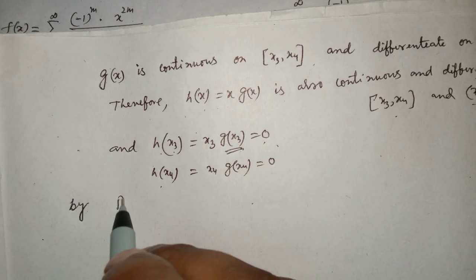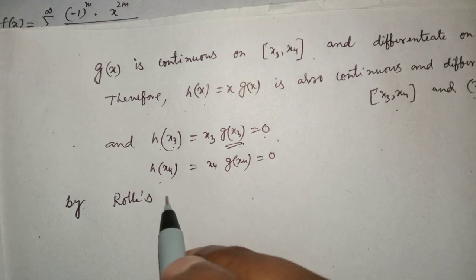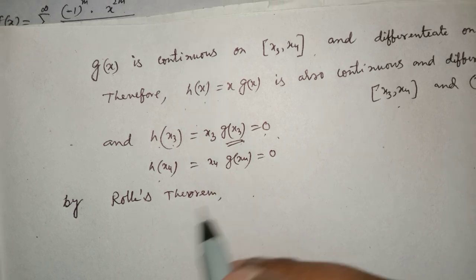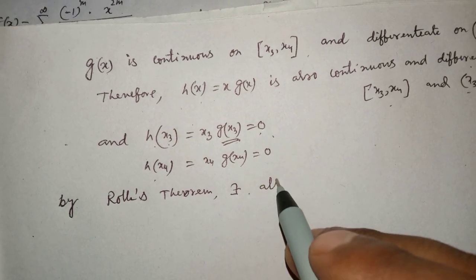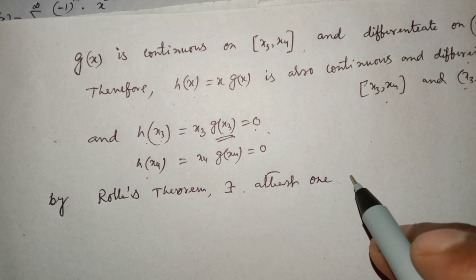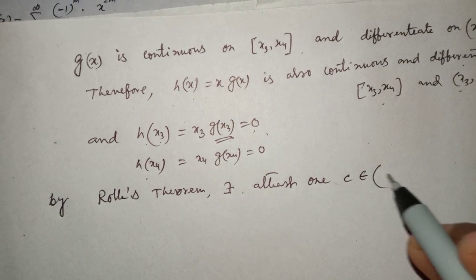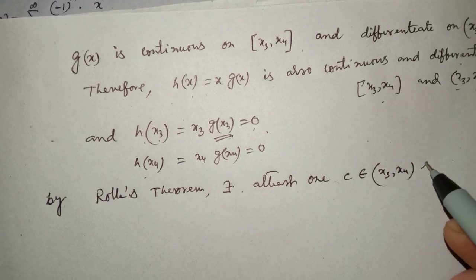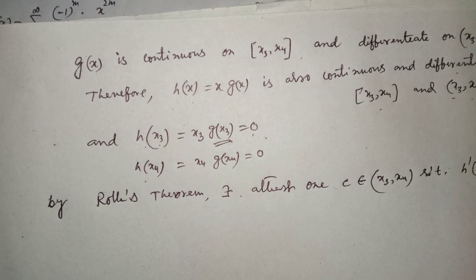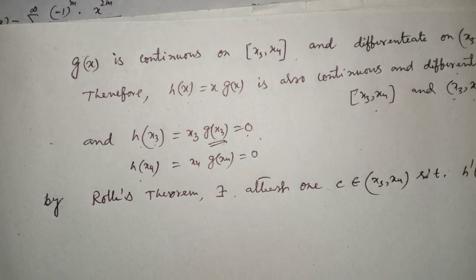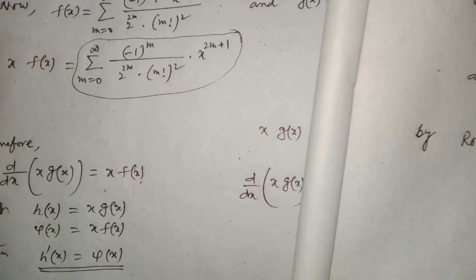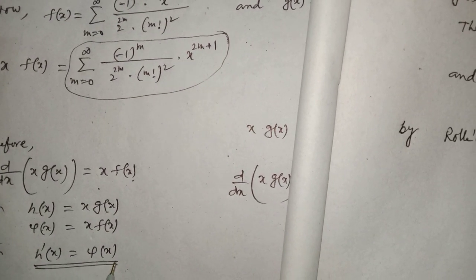By Rolle's theorem, there exists at least one C belonging to x3 x4 such that h dash C is equal to 0, and from here we see that h dash x equals phi of x.